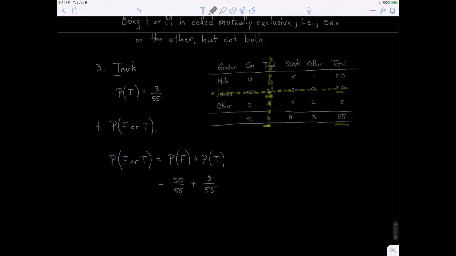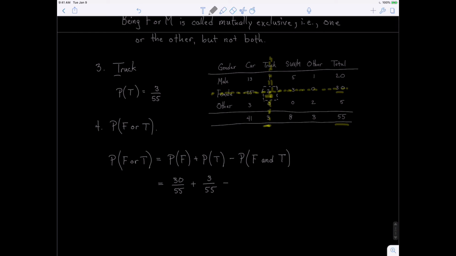And so what we need to do is subtract the probability that both traits are satisfied at the same time. The probability of being female and driving a truck. So down here in my next line, that comes from right there, this intersection.